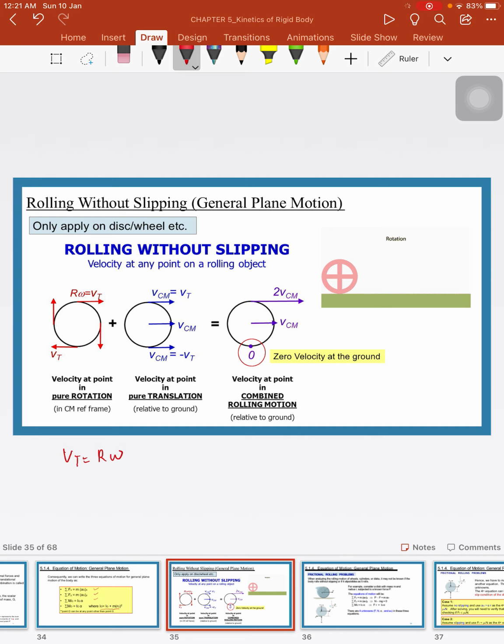At ground also, VCM equal to Vt but in negative sign. And velocity at point in combined rolling motion relative to the ground is 2 VCM. At center VCM, and zero velocity at the ground.